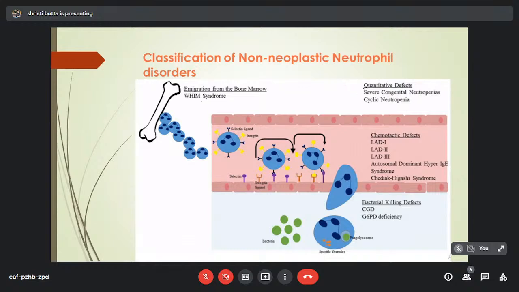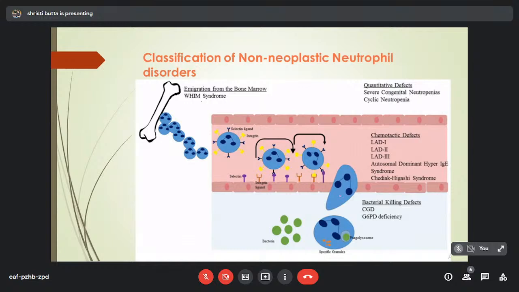Subsequently, we have the quantitative defects, that is the severe congenital neutropenias and cyclic neutropenias, which will be discussed in a bit, and the chemotactic defects, which include the leukocyte adhesion defects 1, 2, 3, autosomal dominant hyper IgE syndromes, and the Chediak-Higashi syndrome.